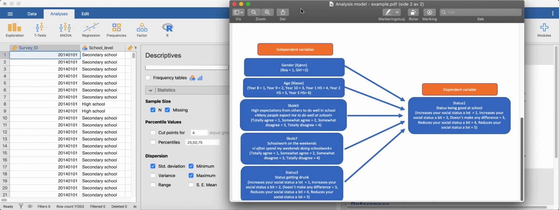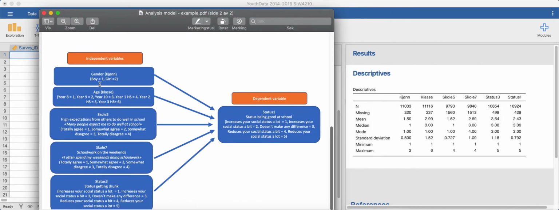so you know that for gender, for example, which is kjønn, boys are 1 and girls are 2, and for skole 5, that's high expectations, okay, and the question is, many people expect me to do well at school. Totally agree is measured 1, and totally disagree is measured 4.